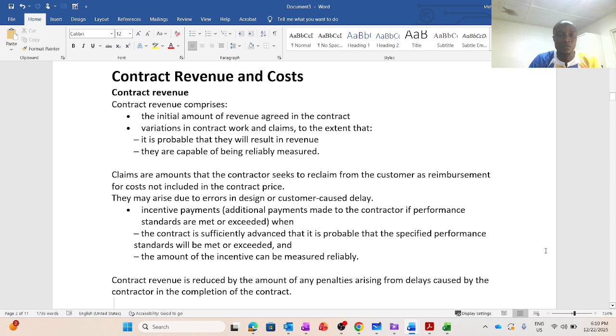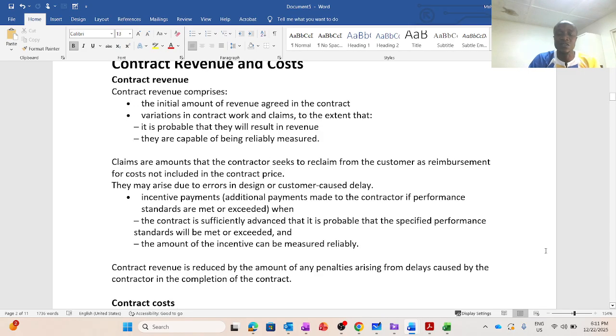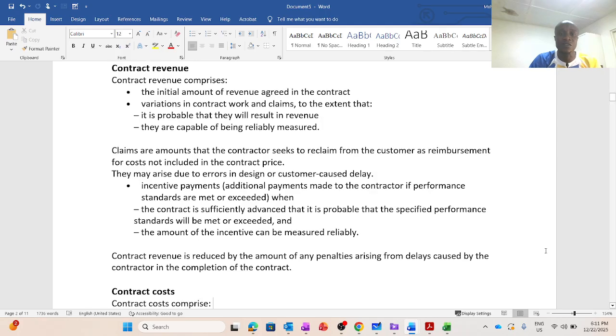For example, incentive payments are additional payments made to the contractor if performance standards are met, as I was saying. The contract is sufficiently advanced that it is probable that the performance standards will be met or exceeded. The amount of the incentive can be measured reliably. I've already explained all of these points.